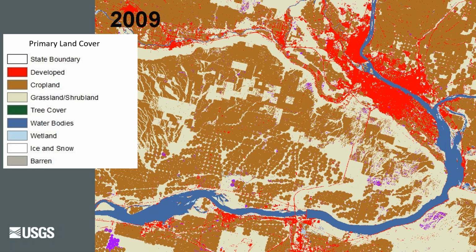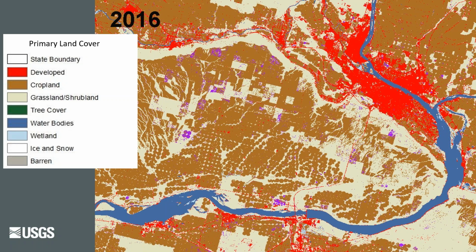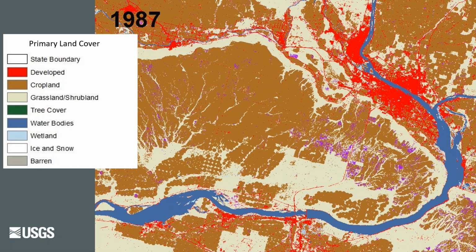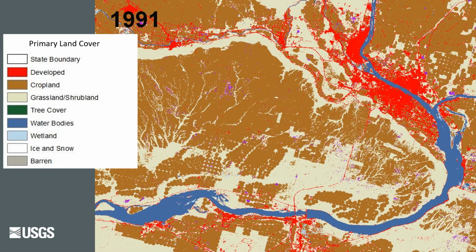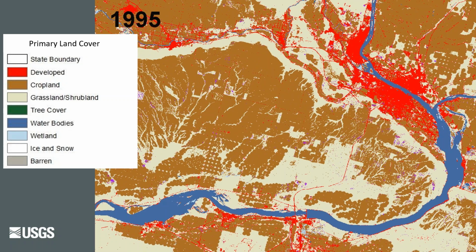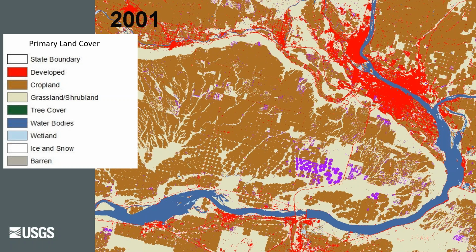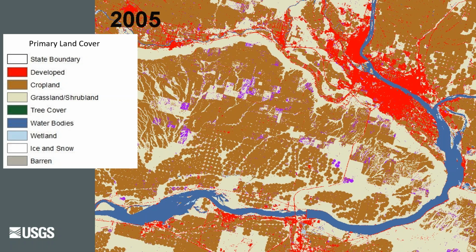This particular part of the world is the Columbia Basin in Washington State of the United States, which is in the west, and what we're showing here through time, where these purple flashes happen, is land change. So the landscape is changing. Dry land, cropland is shifting either back into grassland or shrubland.